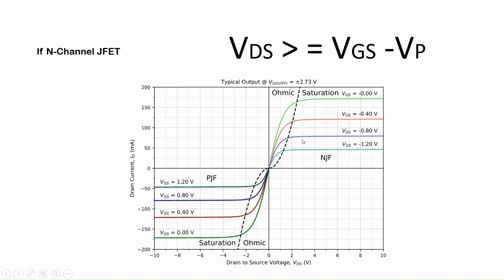This is the VI characteristics of N-type and P-type JFET. In the N-type JFET, VGS and VP are negative, and in the P-type JFET, VGS and VP are positive, and also VDS is negative.